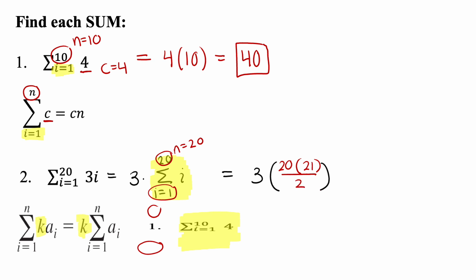And from here we can just simplify. So this is going to be equal to 3 times 20 times 21. So let's do 20 times 21 divided by 2. So 20 times 21 is 420, divided by 2 is 210. So 3 times 210 is just 630.